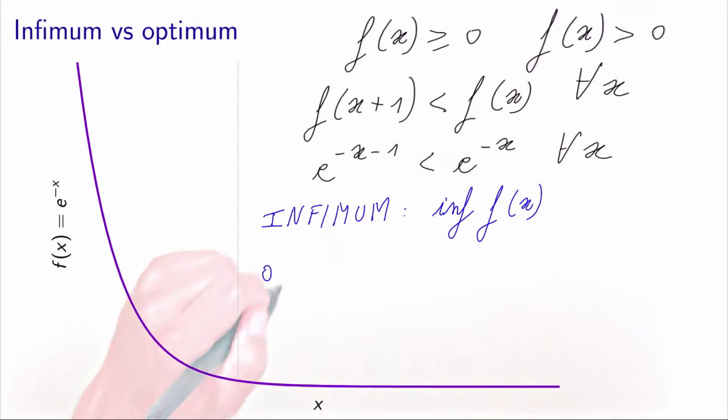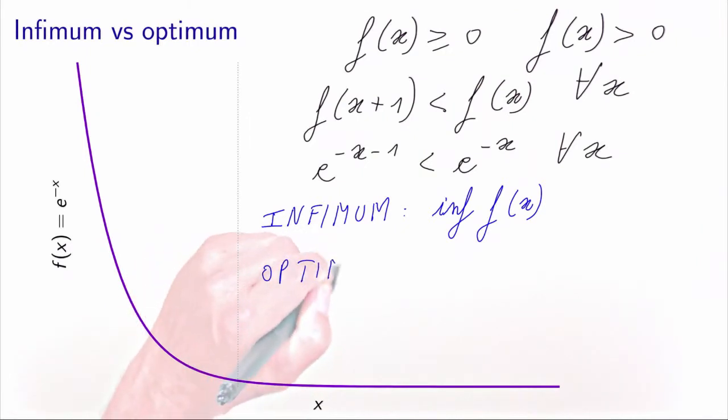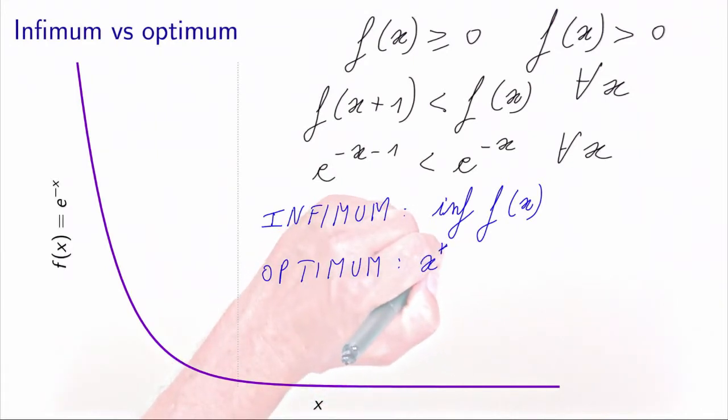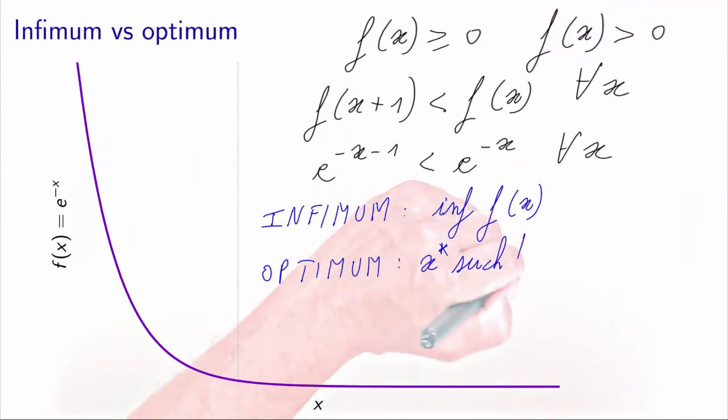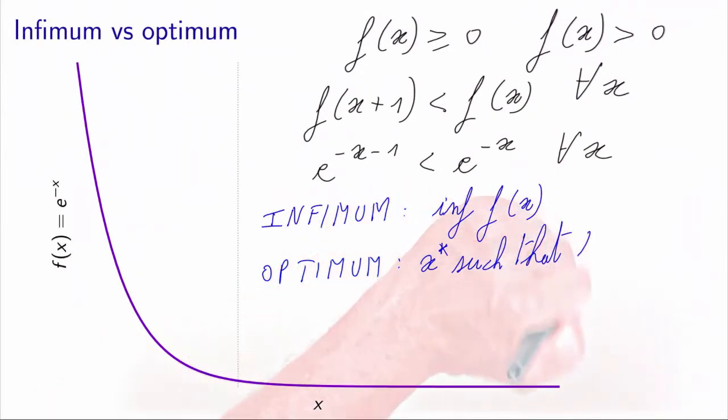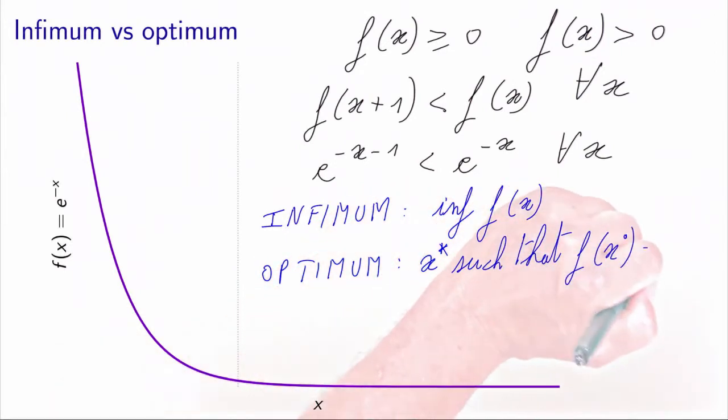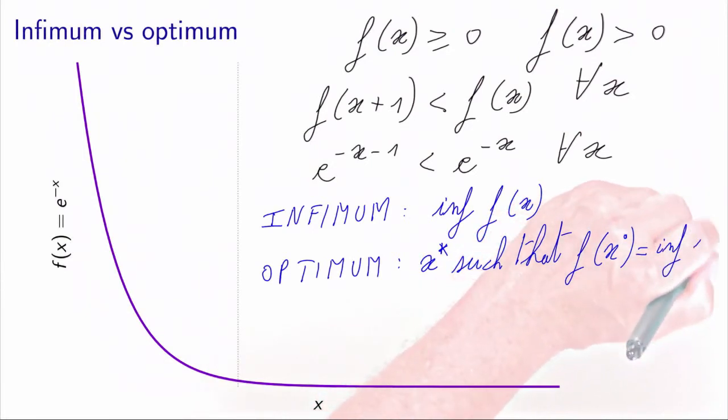And we'll define the optimum, which is the second concept, which will be x star, as we defined in a previous video, such that the value of f at x star is equal to the infimum. And in this example, there is no such x star. So the infimum is equal to 0, but the value of the objective function is never 0. There is no x such that f of x is equal to 0. So there is no optimum.